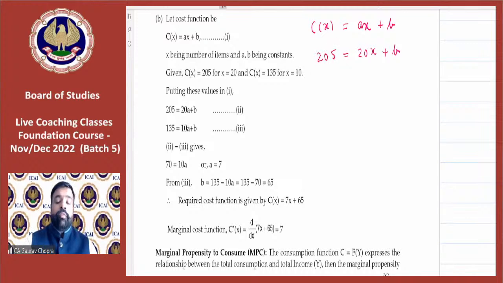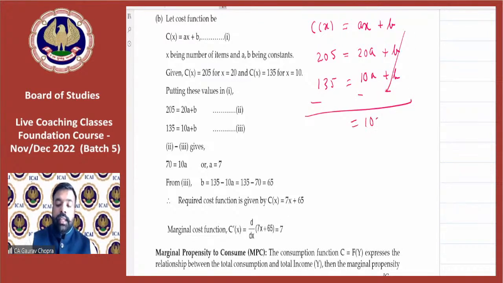So when the output is 20, the total cost is 205. And when the output is 10, the total cost is 135. Now we can subtract and get the result.